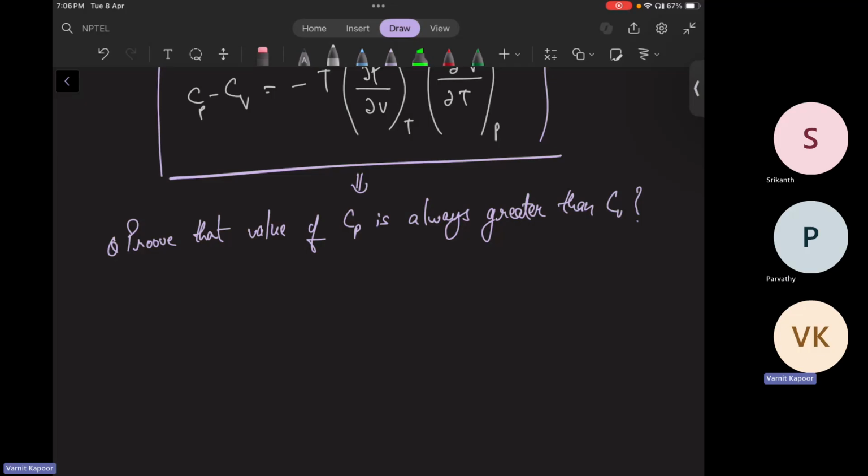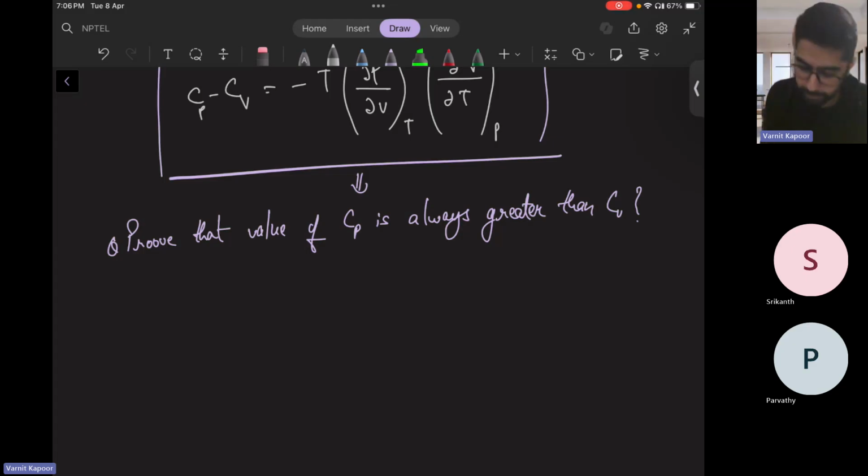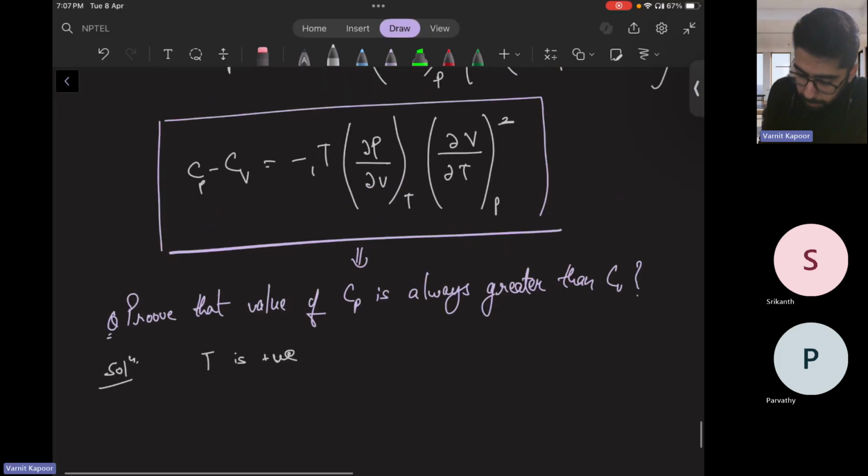Okay, I think it is pretty simple. I just gave you 2 to 3 minutes to think. See, a short solution to this is, if you see in the above relation Cp minus Cv, temperature is always positive. Okay, T is positive. You see one by one each term.